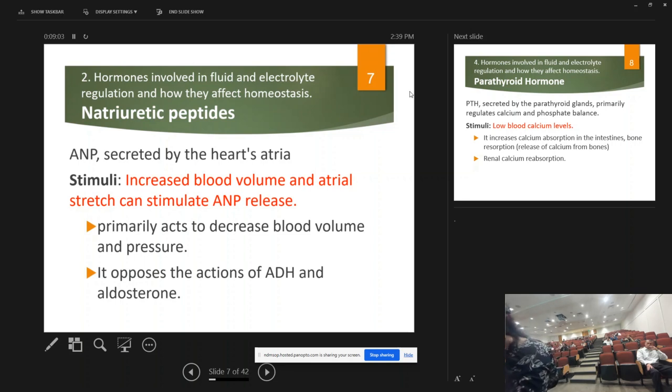Does that make sense? My question was, is the ANP what is causing the osmoreceptor to be stimulated? So ANP has nothing to do with the ADH stimulation or inhibition. They are two different mechanisms happening in two different places. One is happening in the kidney, the other is happening in the heart. So they both are sensing in their own way the volume of the blood.